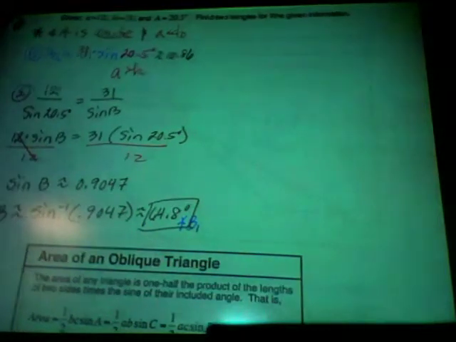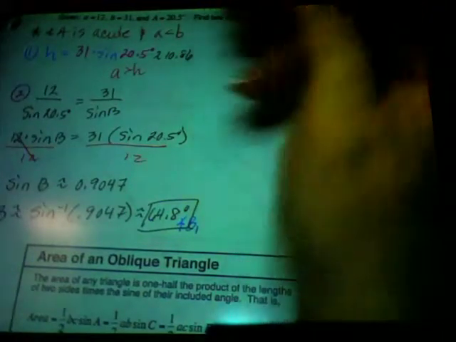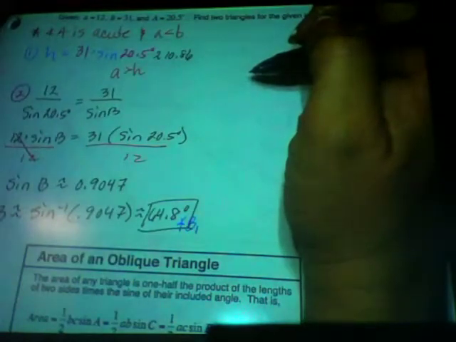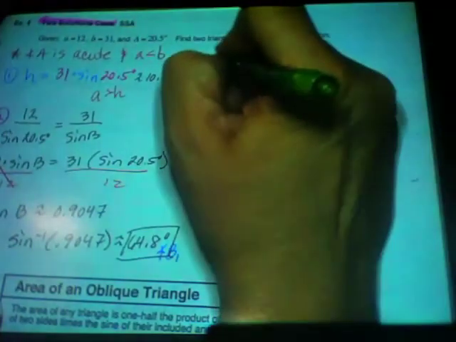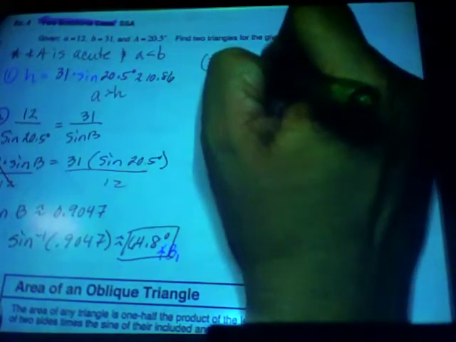All right, so then, if that's b sub 1, let's go ahead and find c sub 1, my first set of answers for b and c. So measure of angle c sub 1 is equal to 180 minus, I'm going to add these together.